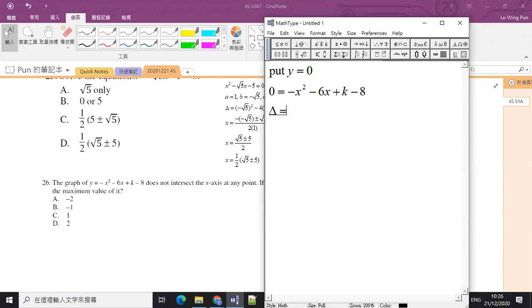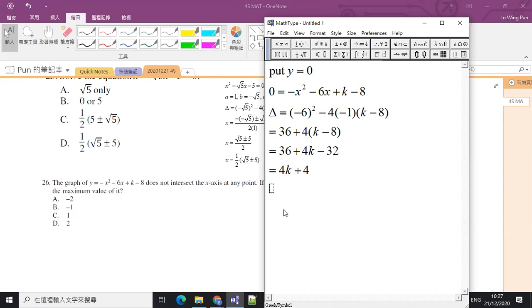Okay, so our delta is equal to b squared minus 4ac, which is equal to 36 plus 4 times k minus 8, that is 36 plus 4k minus 32, that is 4k plus 4. But the question tells us that the delta should be less than 0 because there is no x-intercept. Okay, which means that 4k plus 4 should be less than 0. Okay, so k should be less than -1.